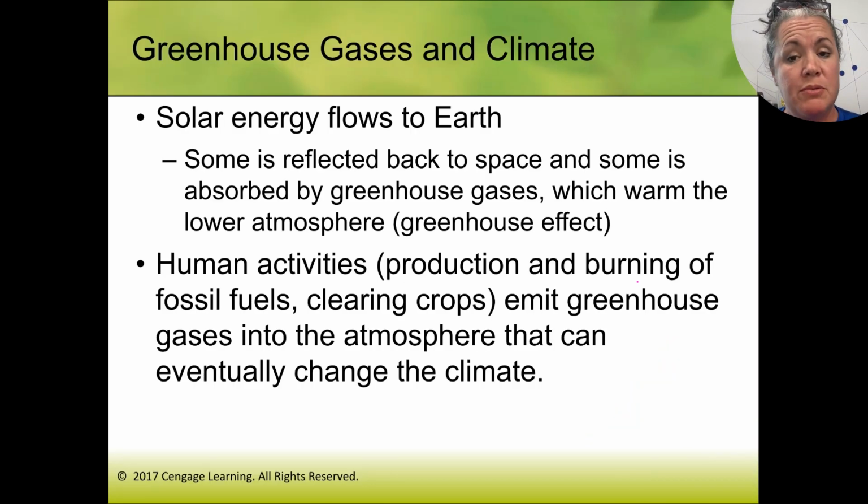So remember that we're actually really talking about how climate is created. One of the most important aspects of creating climate on the earth that can support life is the presence of greenhouse gases. Solar energy flows into the earth. Some is reflected back into space. Some is reflected off of clouds, but some of it will actually be absorbed by greenhouse gases and will warm the lower atmosphere.